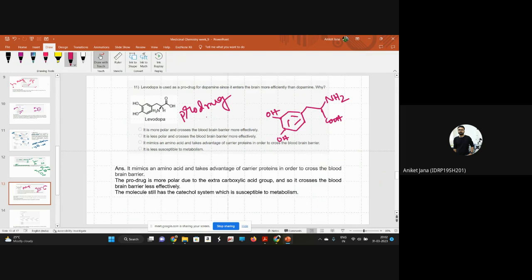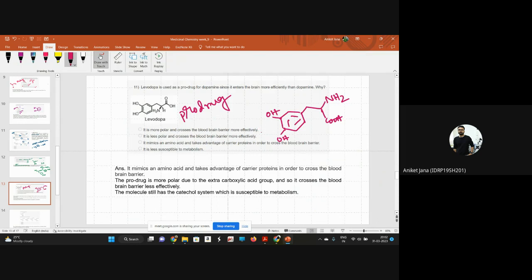Okay, what is the main cause of the better activity of levodopa? There are various compounds like levodopa and carbidopa, which are used in neurodegenerative diseases like Parkinson's disease and Alzheimer's disease. So, what is the cause of using this protected form? It is more polar and crosses the blood-brain barrier more effectively.